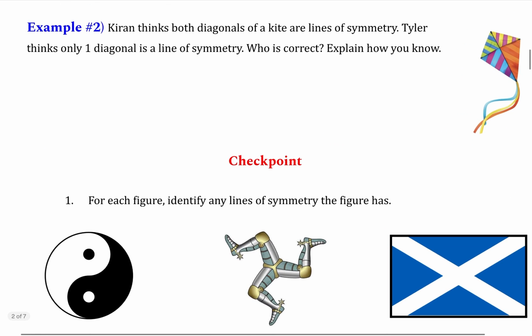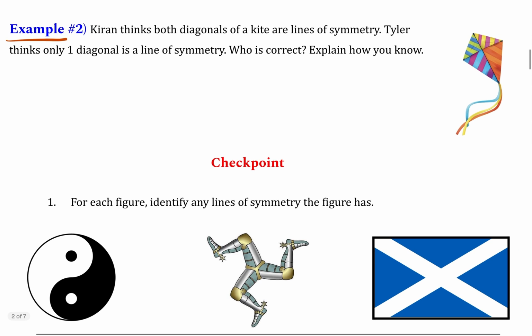All right. Number 2, example 2. Every time it says an example, you take the notes. Kieran thinks both diagonals of a kite are lines of symmetry. So usually the prompt just describes the image, and I'm gonna just sketch the kite right here.